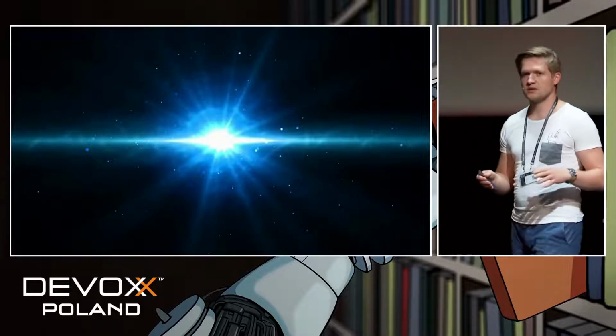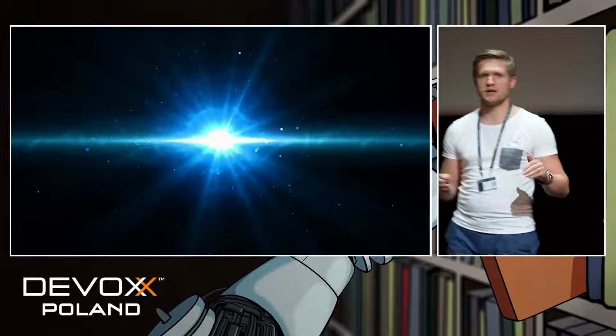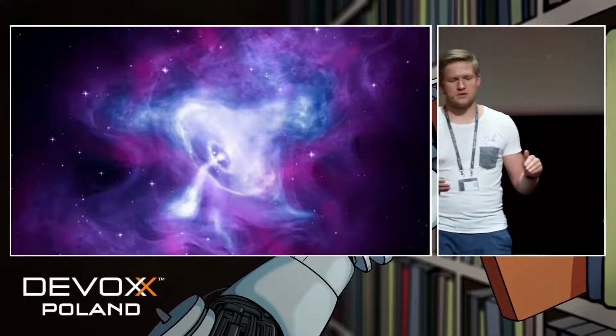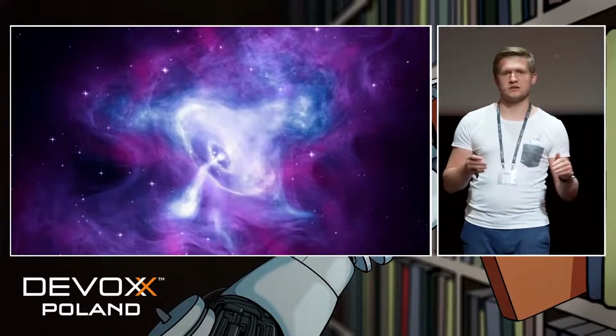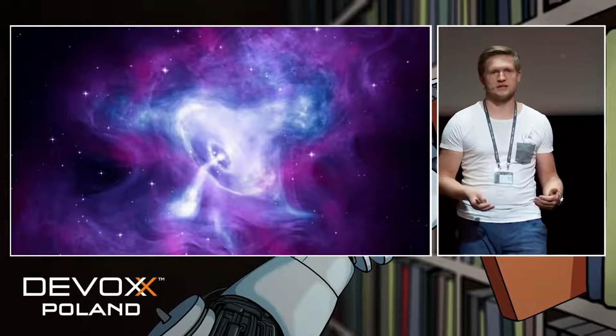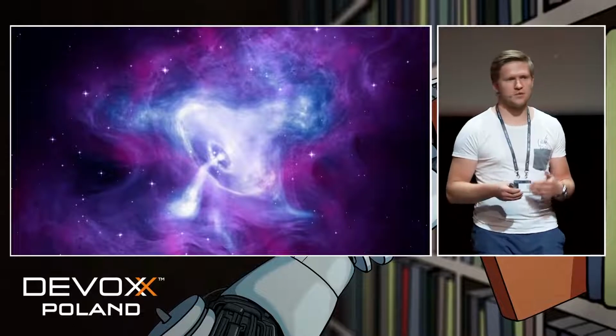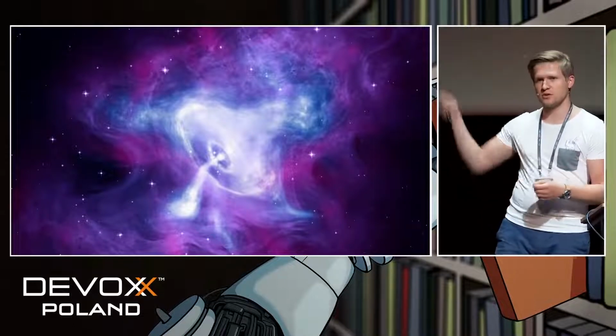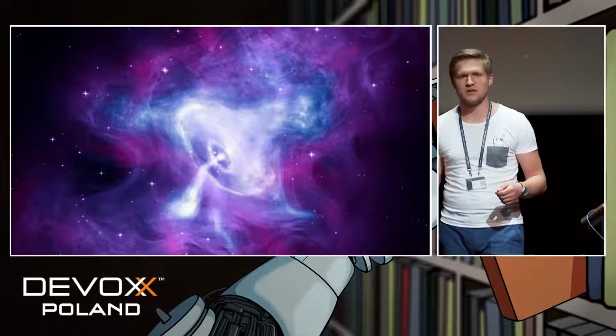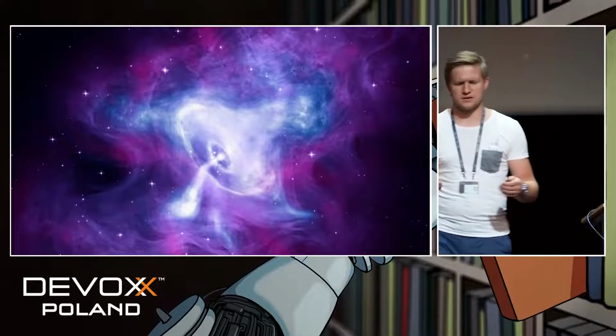But after a while, it all goes quiet. It all calms down. So our application is in its stable state. It's already processing the traffic and nothing much happens. Maybe from time to time there's like a supernova, there's a new thread created somewhere, but it's not happening so often.